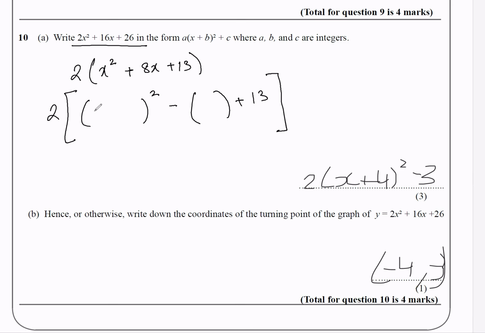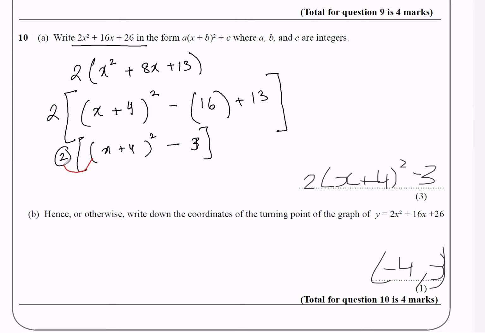Okay, now 8 divided by 2 is 4. 4 square is 16. Minus 16 plus 13 is negative 3. Okay, but that's what the mistake is.